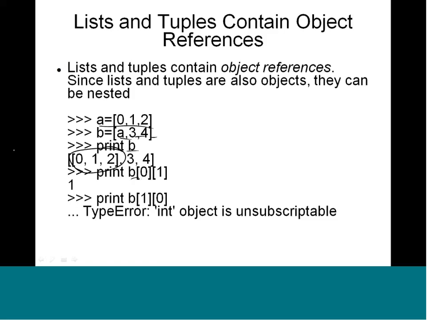If you print B[0][1], it prints 1. So if you print B[1][0], basically that results in an error. So the [0][1] is this object.